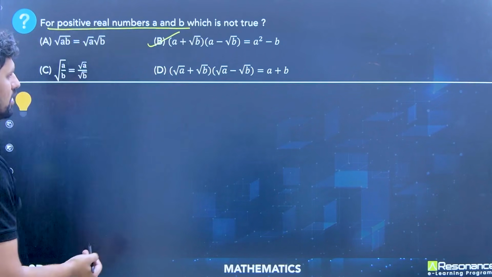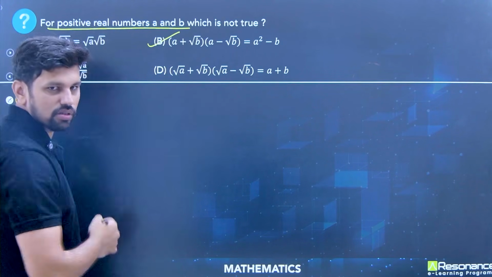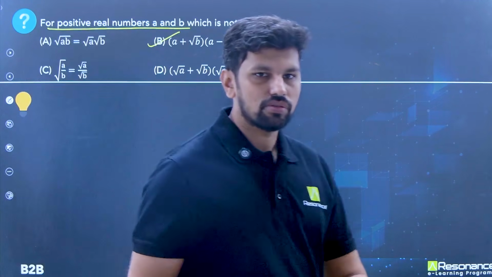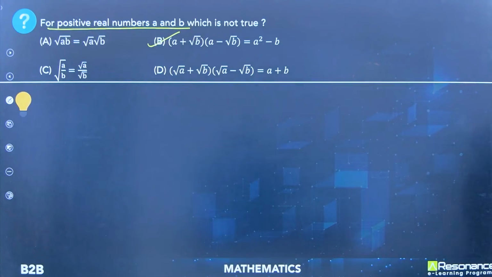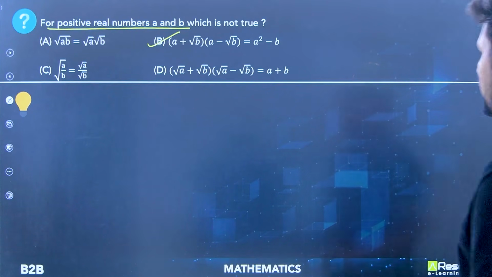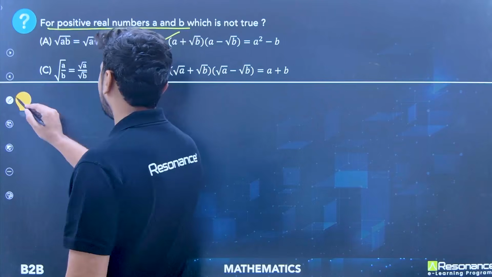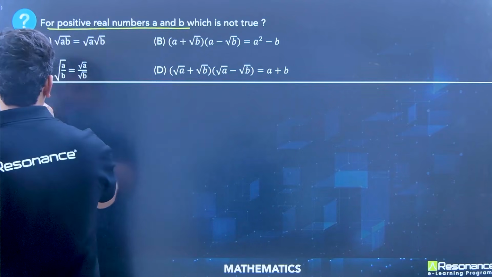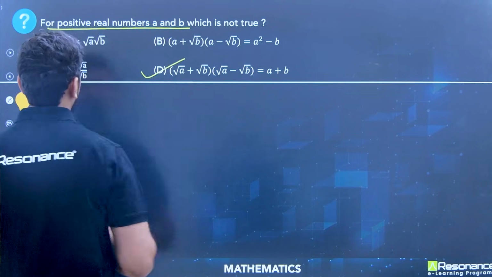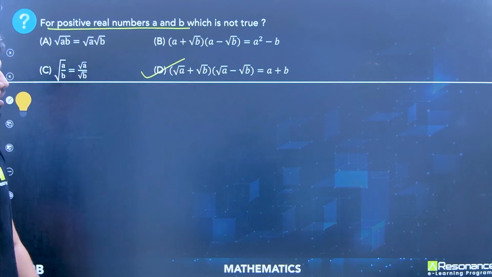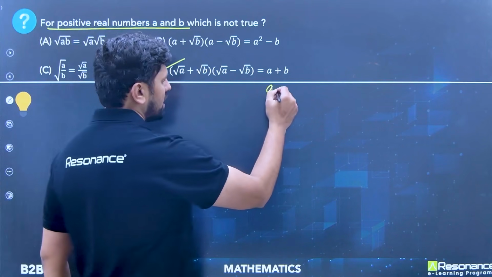This is correct. So I think we all got the answer. Option number D. This is the correct one. We have to find a wrong one. So option D is the correct one. It will be A minus B.